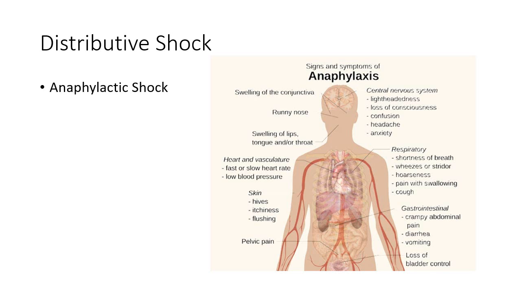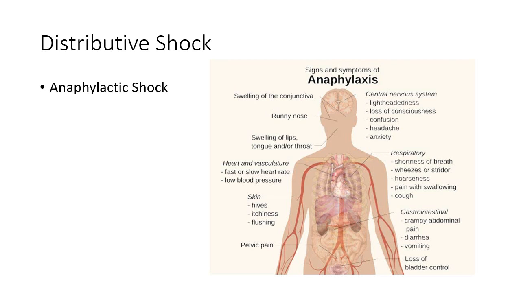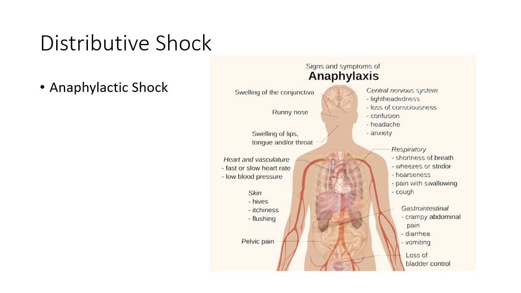A couple things that happen when we're looking at this is the release of a specific type of cells called mediator cells, and these come from the white blood cells, part of the immune system of the blood. When these mediator cells are released, it causes two really serious problems to begin with.